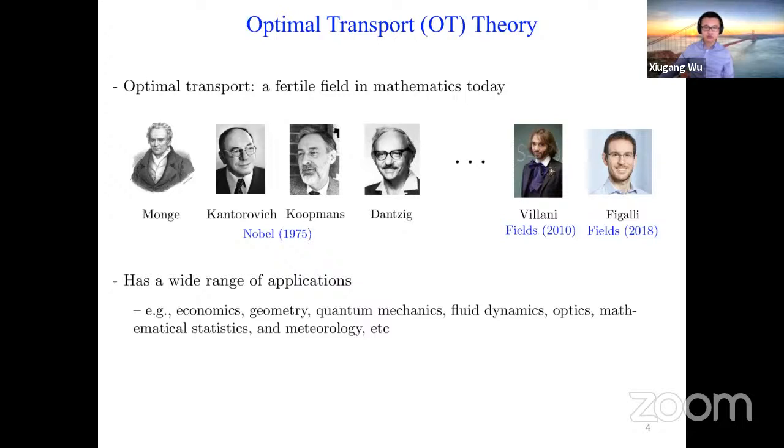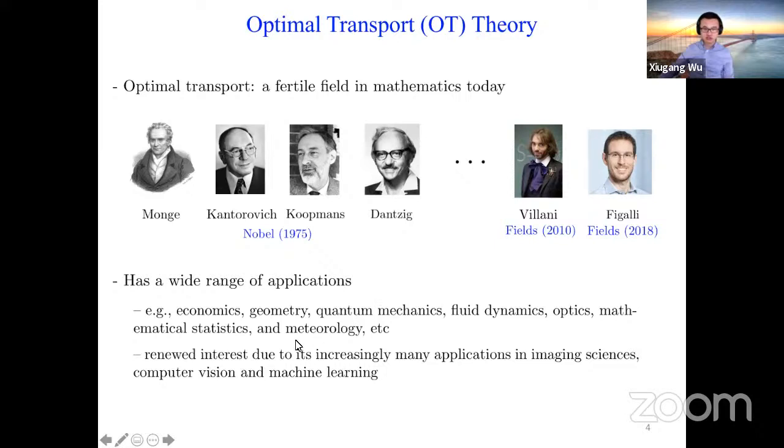Up to now, optimal transport has been known to have a wide range of applications, or deep connections, to a lot of disciplines such as economics, geometry, quantum mechanics, optics, etc. And more recently, it has received renewed interest due to its increasingly many applications in imaging sciences, computer vision, and machine learning, where the most prominent example is probably the recent generative model based on optimal transport, the so-called Wasserstein generative adversarial networks, or simply Wasserstein GANs.